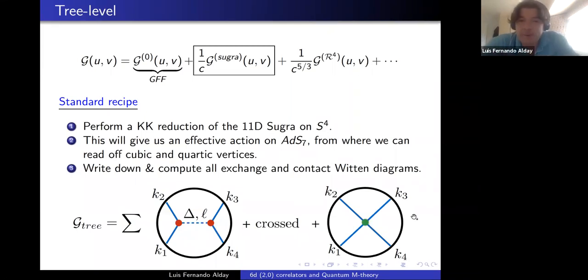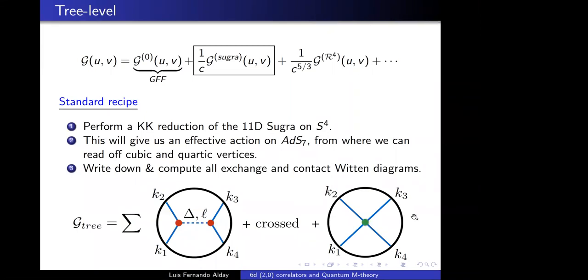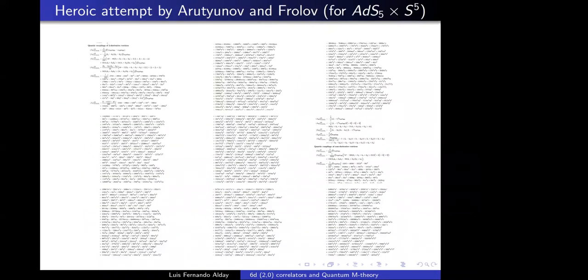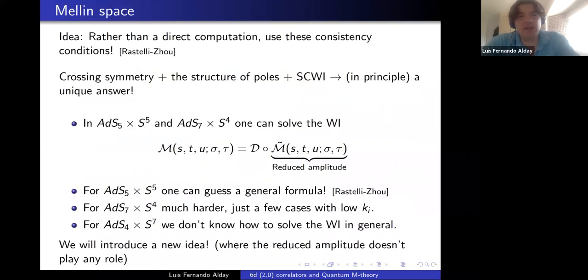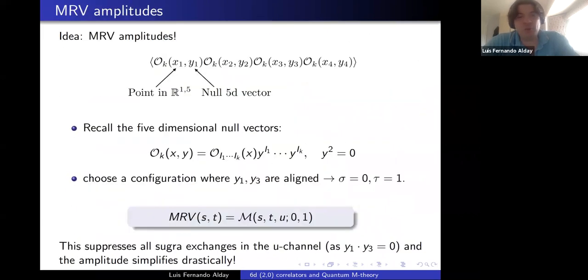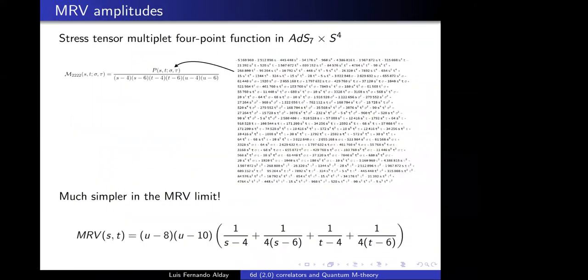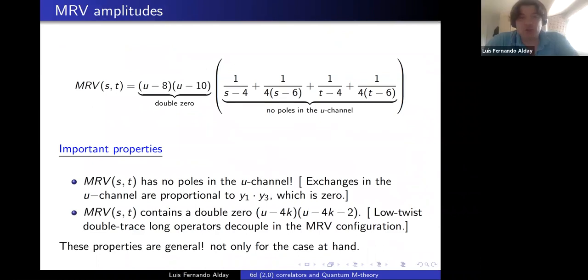Yes, sorry. So the key physical input seemed to be the fact that there were these double zeros, which had a lot of content. That's right. And actually, in retrospect, it is not more content than the one hidden in the superconformal Ward identities, but it is much, much easier to impose.